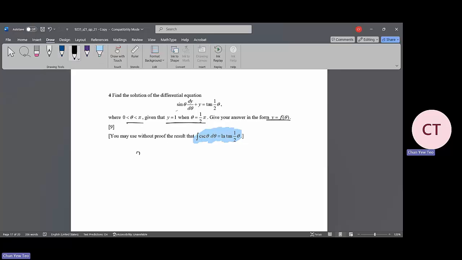So over here you have sine theta dy d theta plus y equal to tangent half theta. We will be using the integrating factor. So you will multiply them and divide everything by sine theta.